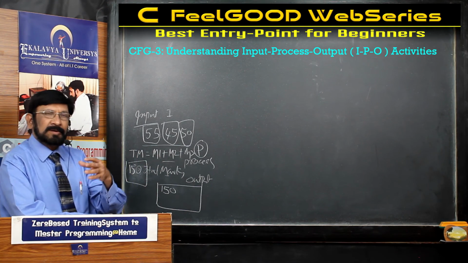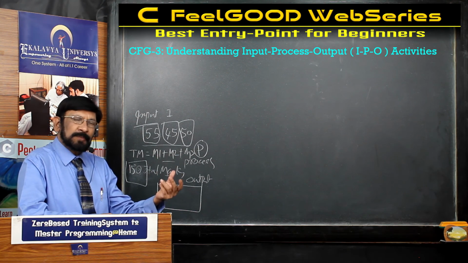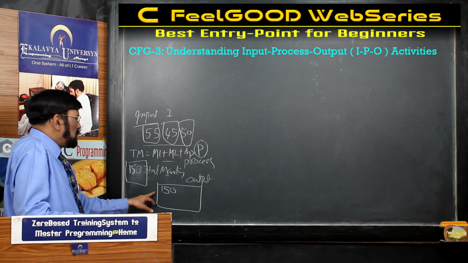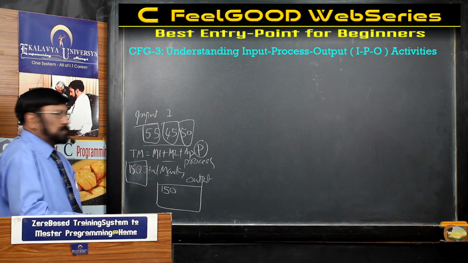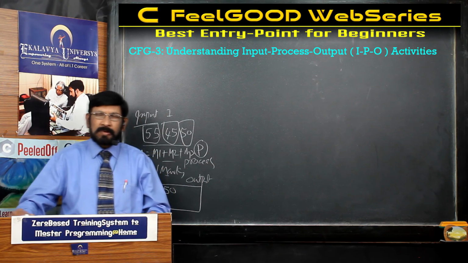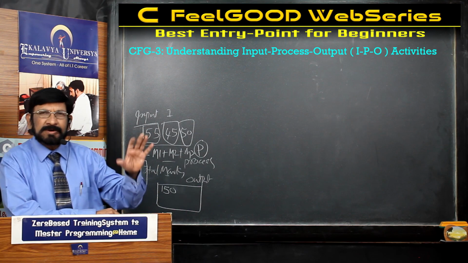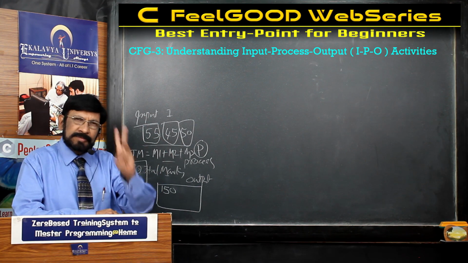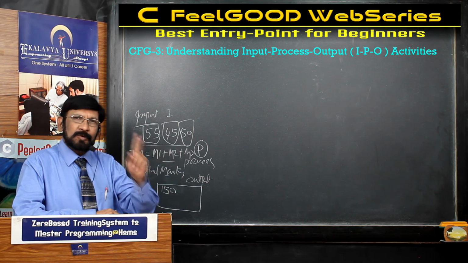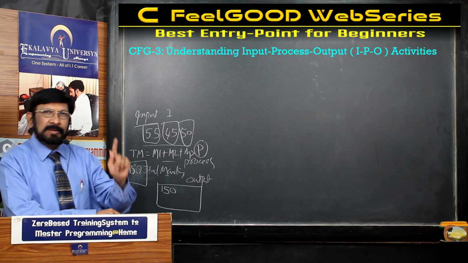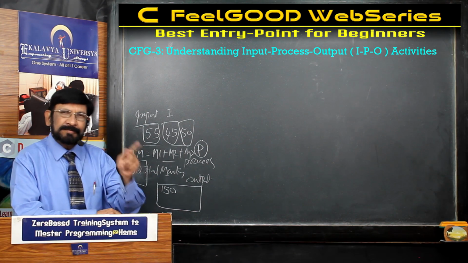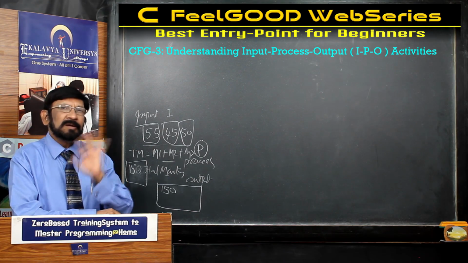Whatever result you are expecting from the program is displayed on the monitor screen, that is the output section. So any program or project you take, the main statements are divided into three groups: input section, process section, and output section. The input section is called a reading section. The output section is called a writing section.